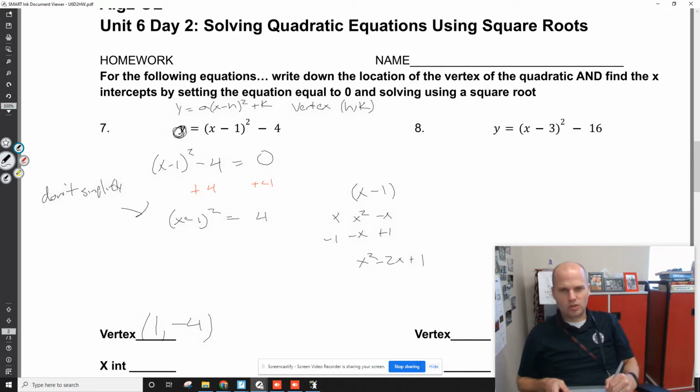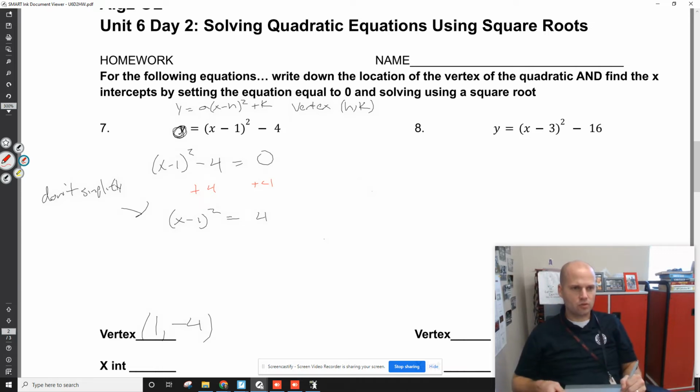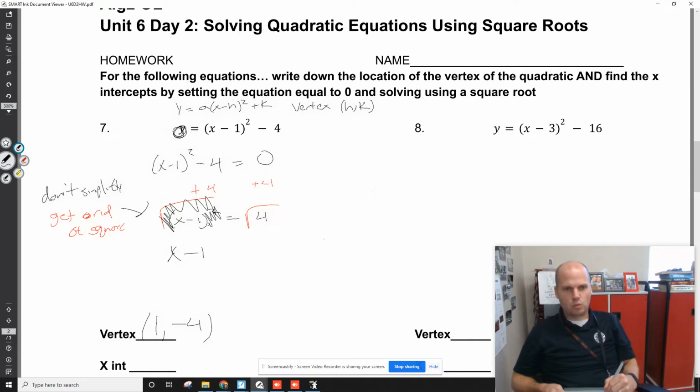So you could turn this into x squared minus 2x plus 1, but it doesn't help, okay? So I'm just warning you guys, don't simplify, just get rid of the square. Square root both sides once you have the square isolated. Now watch how that's going to look. The square and the parentheses are gone, leaving us with just x minus 1. The square root of 4.